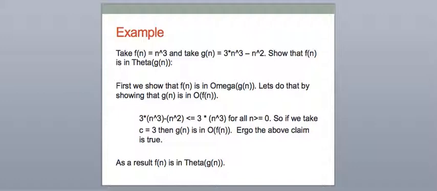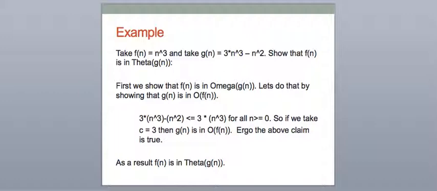First we need to show that f of n is in omega of g of n. Let's do that by showing that g of n is in big O of f of n, which is that tip that I described above. So we can write the following statement: 3 times n cubed minus n squared is less than or equal to 3 times n cubed for all n greater than or equal to 0.